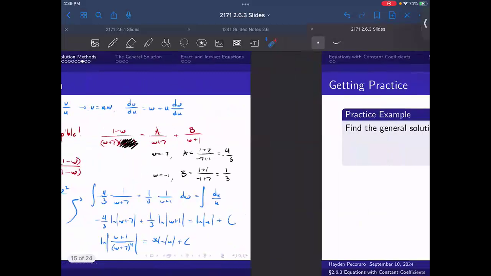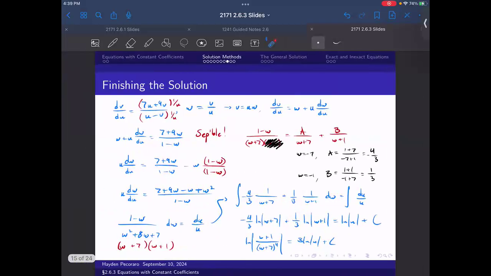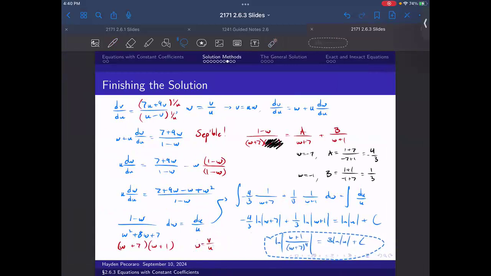I don't have space to substitute back in here, but you can at least write down what you would do. So you remember w equals v over u, and v over u is y minus k over x minus h, and we know what those were. h was +2, and k was -3.